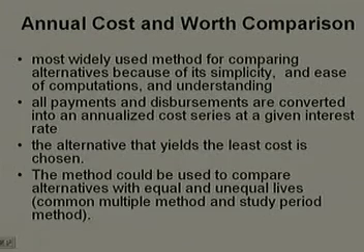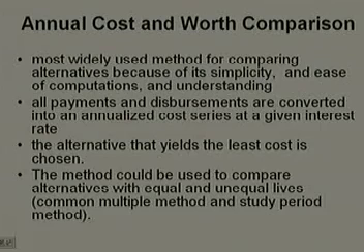Now, whatever problems we solved till now, all these problems can also be solved using the annual cost method. This is perhaps one of the most widely used methods for comparing different alternatives. This is because it is very simple to calculate as well as very simple to understand. Why is it very simple? Because we are talking in terms of annualized cost.